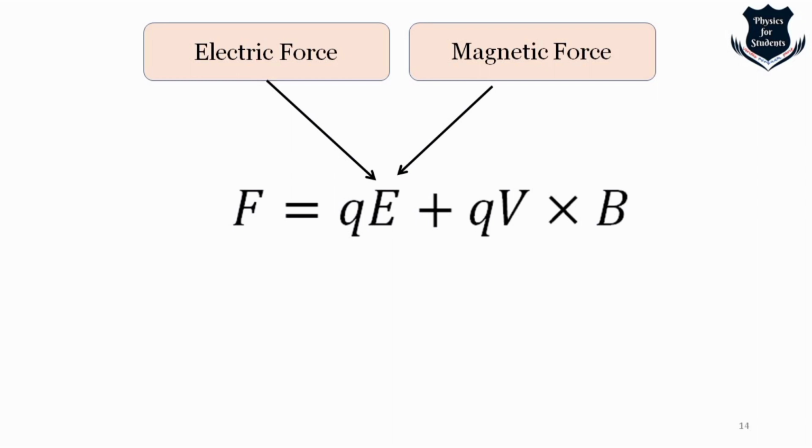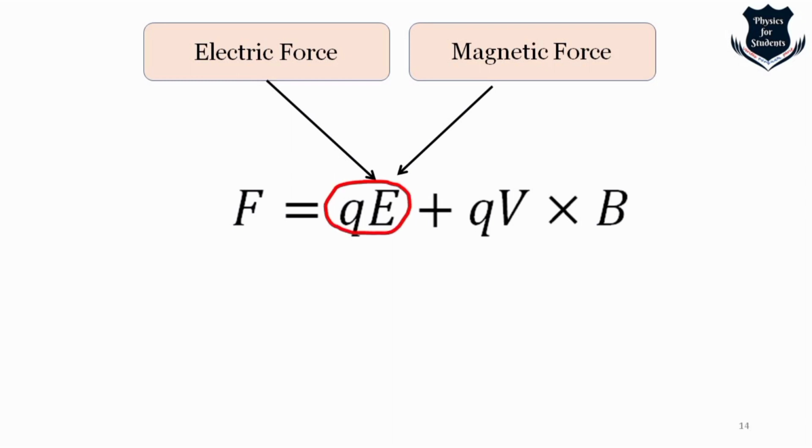The Lorentz force, or electromagnetic force, is the combination of electric and magnetic force on a point charge due to electromagnetic fields. A particle of charge q moving with a velocity v in an electric field E and a magnetic field B experiences a force which is given by this, right?